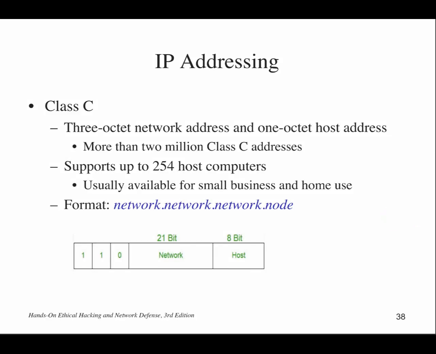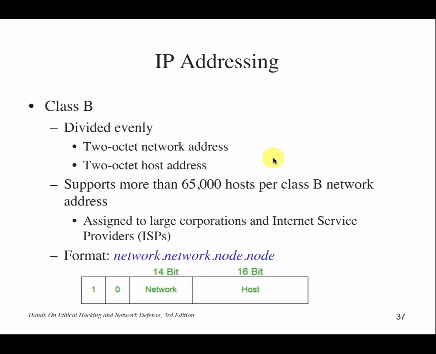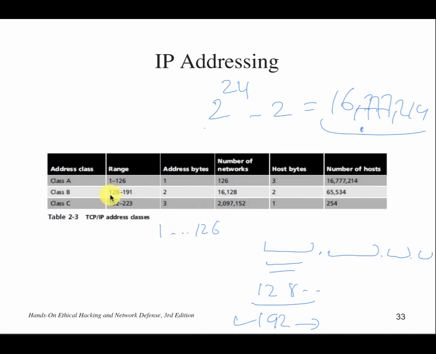For class B, it's going to be the same thing. Now we increase. Remember, we said starting from what here? If you check class B, let me go back here just to be on the same page. Class B is 128 up to 191.